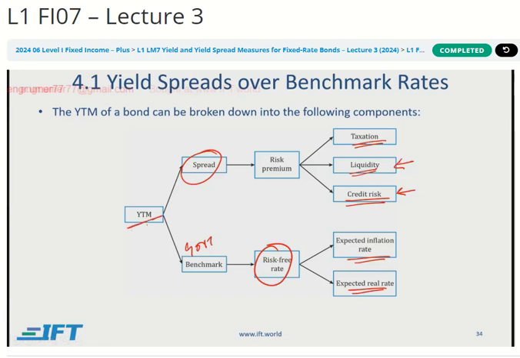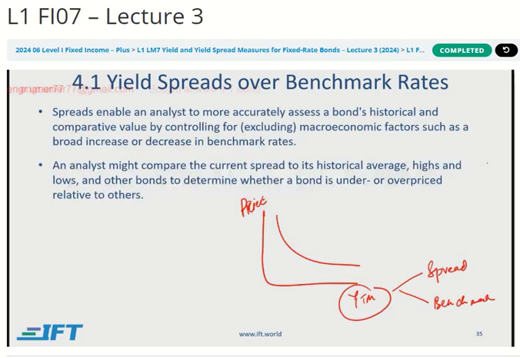The yield to maturity, my friends, has two components. One which is sensitive to macroeconomic factors, and the other one which is sensitive to issuer specific factors. So when we now look at our bond price, we understand that yes, it is sensitive to changes in yield, but the yield itself has two components. One is the benchmark and the other one is the spread.